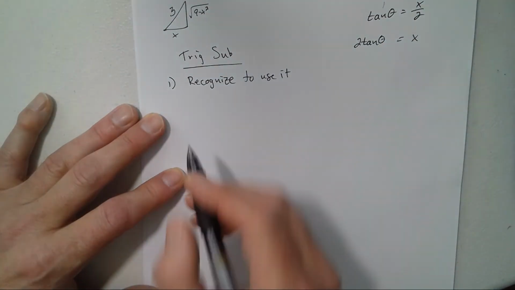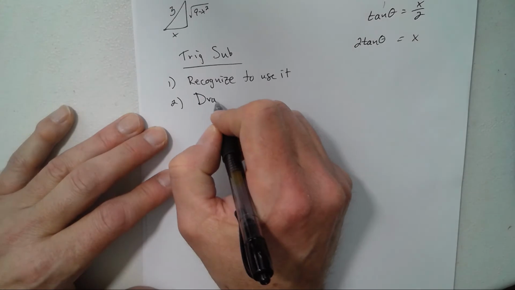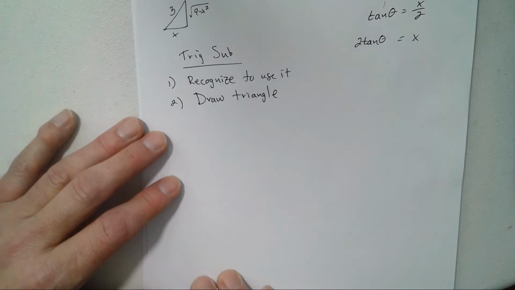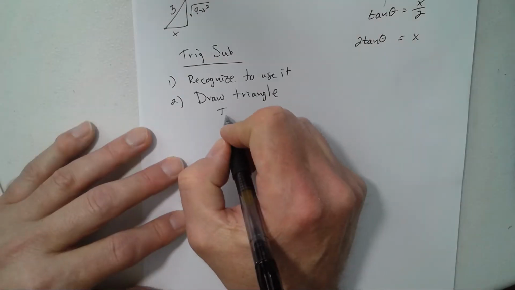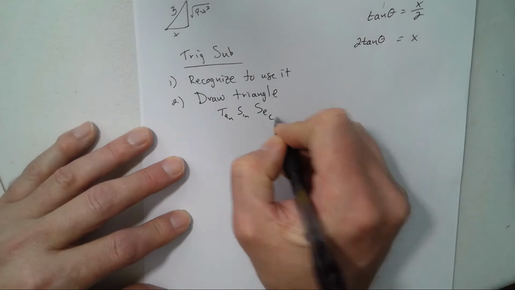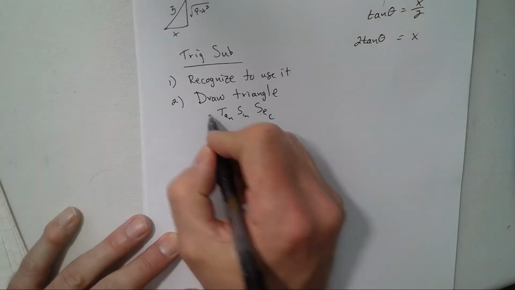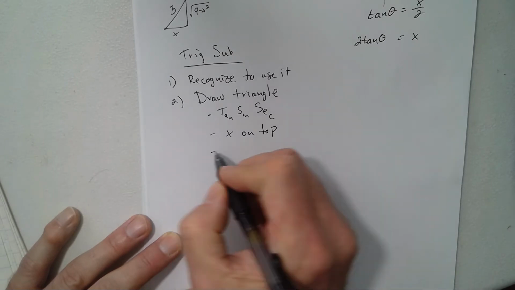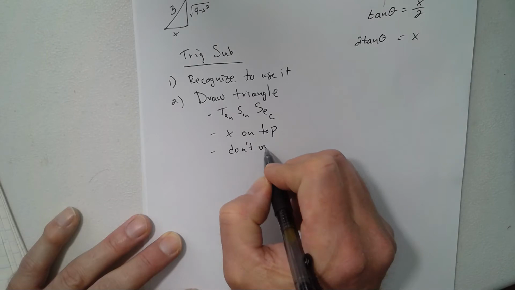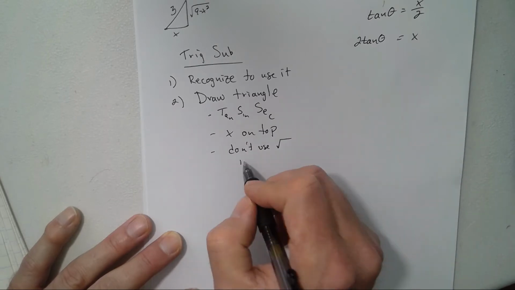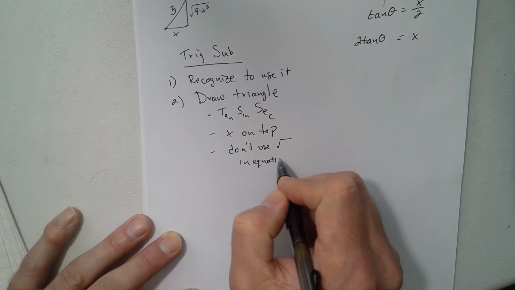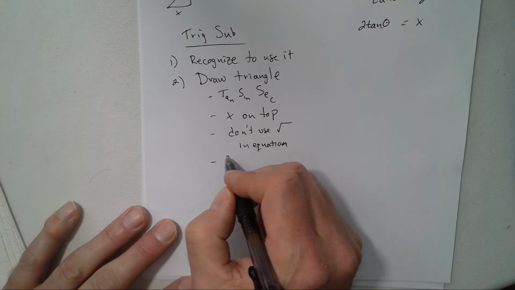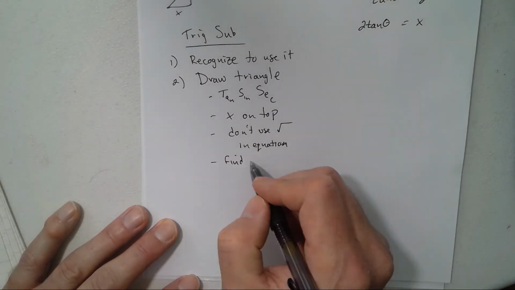Number 2, we want to draw a triangle, and involve tangent, sine, or secant. And the x goes on top, and don't use the square root in the equation. And then find the equation.